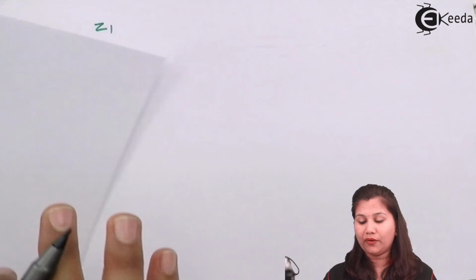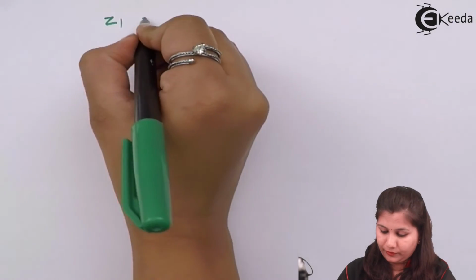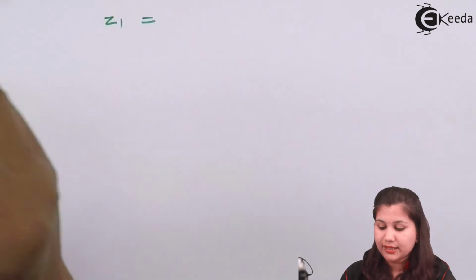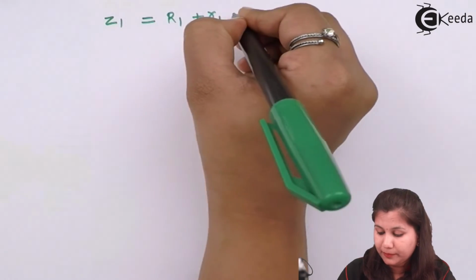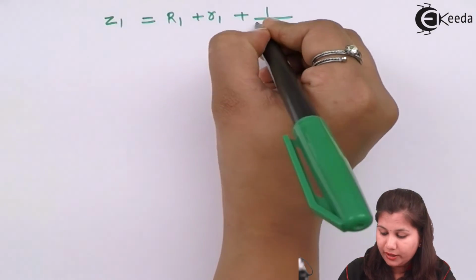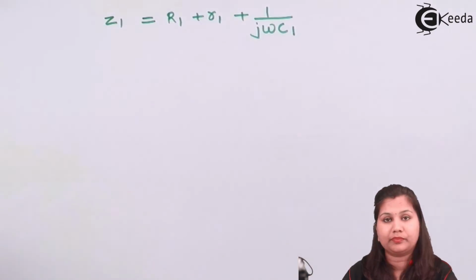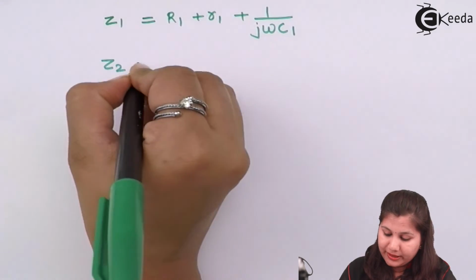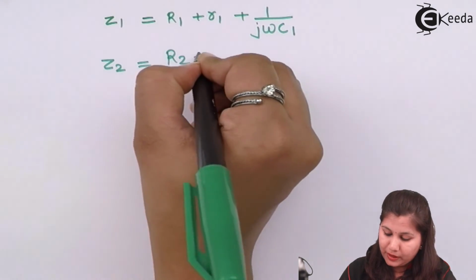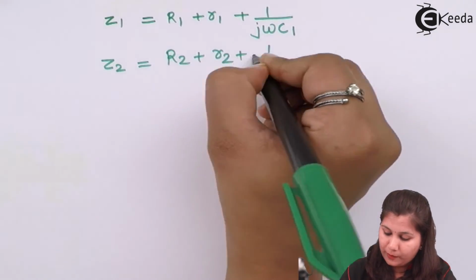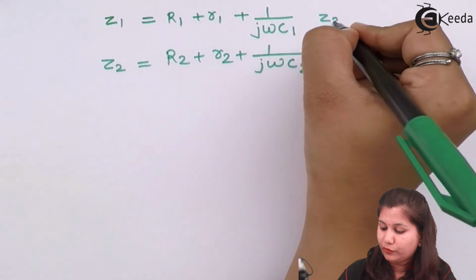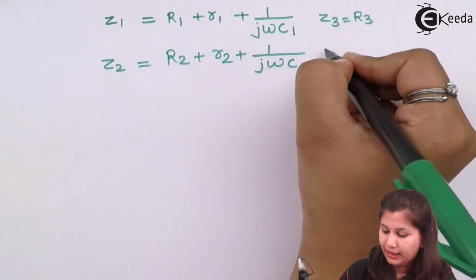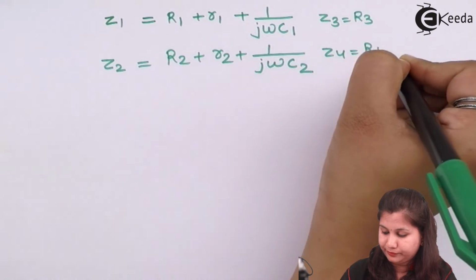So now the value of Z1 will become, because resistances are in series, capital R1 plus small r1 plus 1 upon j omega C1. Similarly, our impedance Z2 will be R2 plus small r2 plus 1 upon j omega C2. And Z3, Z4, they are same, R3 and R4.